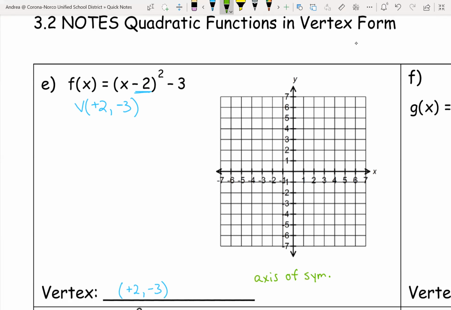It's just x equals whatever the x value is. X equals 2. Any questions over that? Okay, we can all identify the vertex? Good. So we're going to graph that vertex at 2 and -3, which is right here. I'm also going to draw in the axis of symmetry at x equals 2.